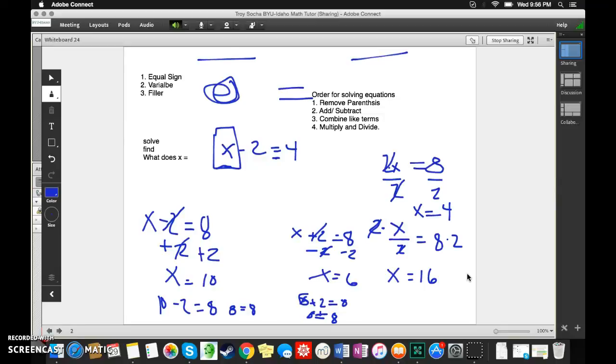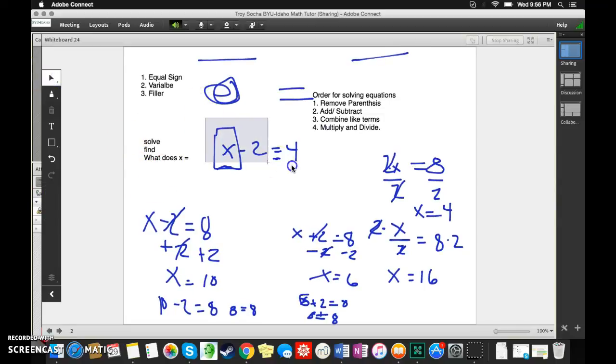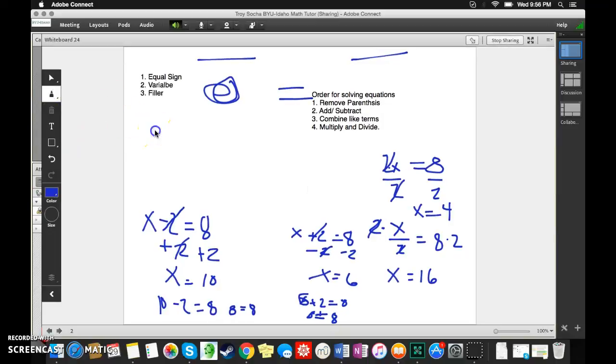So let's take an equation that's a little complicated. Using these steps, we're going to solve it. Okay, so the equation that I want to do is this one. We're going to take 2 times x minus 3 equals 4.